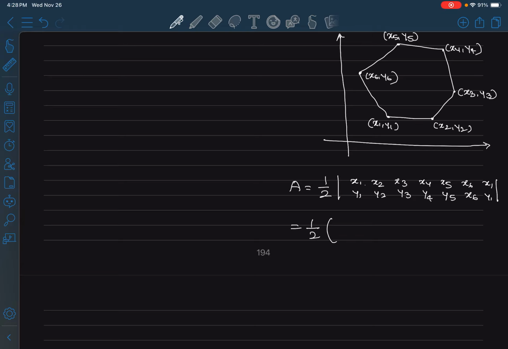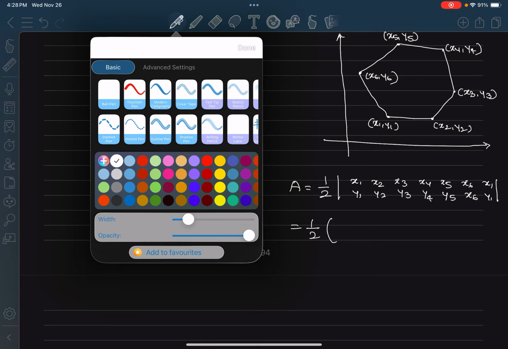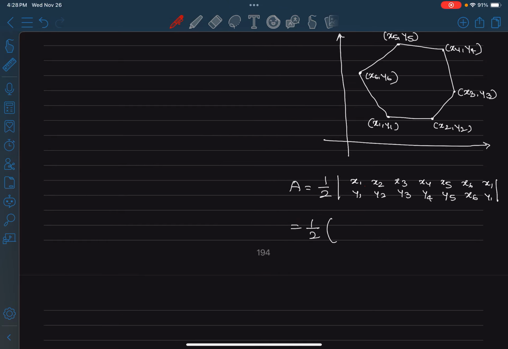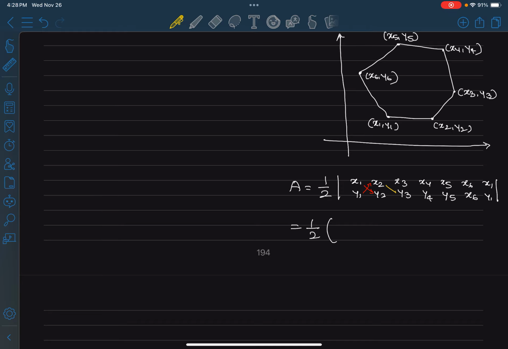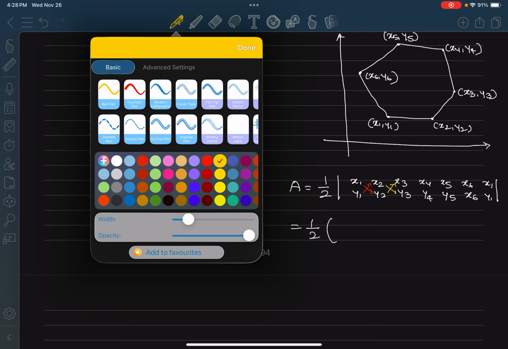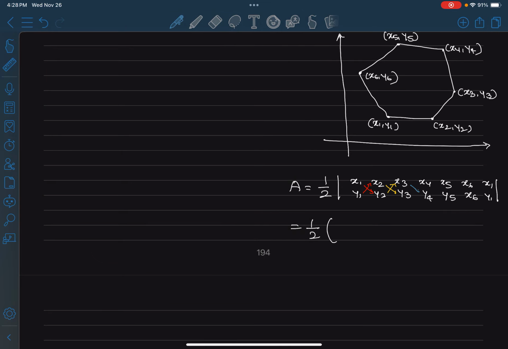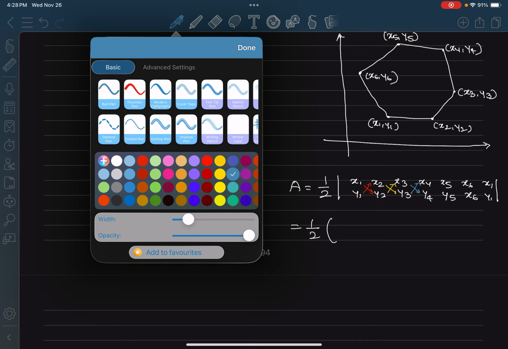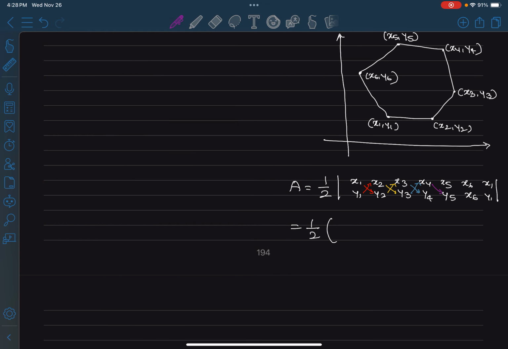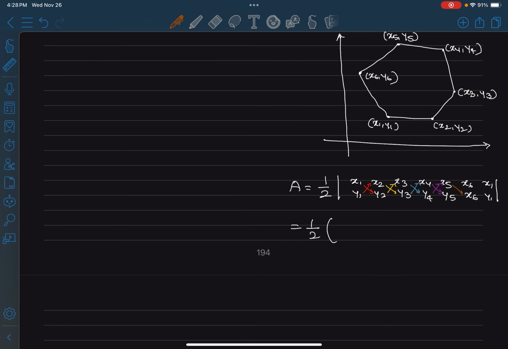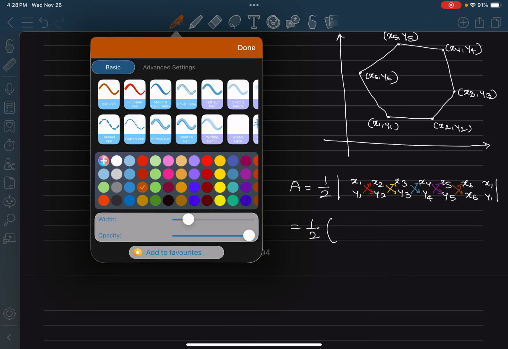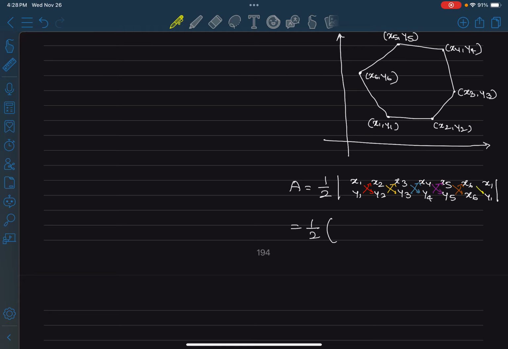So what you do is you go like the Shoelace. First, you take this product minus this product, and then after that you take this product minus that product, again and again, and you just go on like that. Let me make this beautiful, just two more. Okay, so that it looks like a Shoelace. It does look like a Shoelace, right?